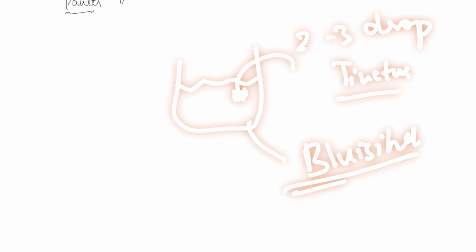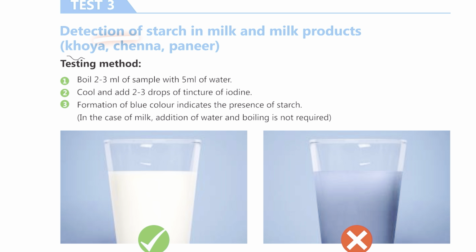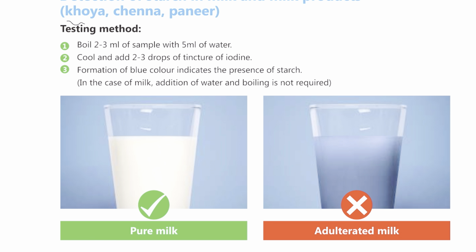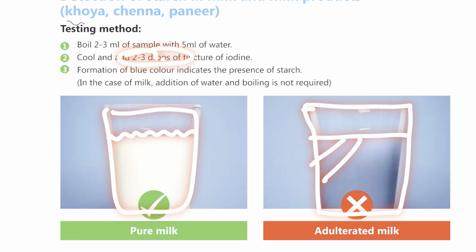We will take milk and add 2 to 3 drops of tincture iodine to it, and if the color of the milk converts to bluish or black, it means there is adulteration of starch in the milk, paneer or khoya. You can see over here the detection of starch in milk and milk products. This is pure milk, which does not change color after 2 to 3 drops of tincture iodine. But here the adulterated milk has turned bluish.